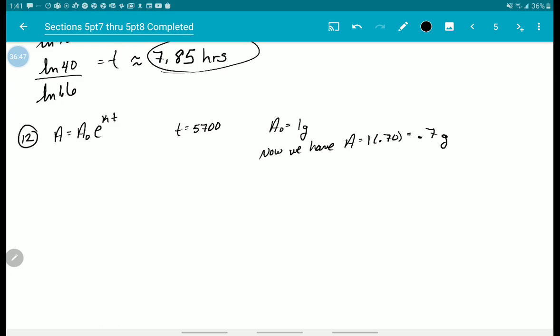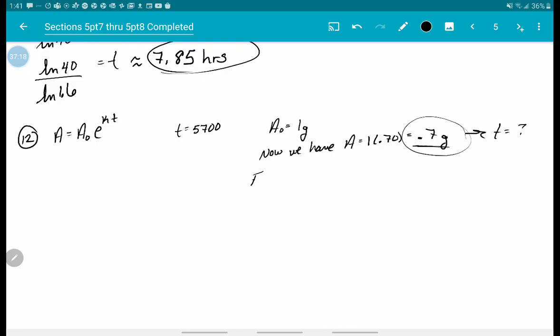You could use an A, like we did in the money problems, or you can use some arbitrary amount here like 1 or 10 or 100. But we know we're going to have 70% of that original amount right now. So that's how much we have now. We want to know how old it is. So we're looking for the time that's related to how much is left now.